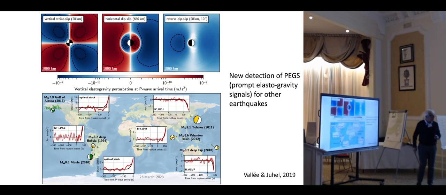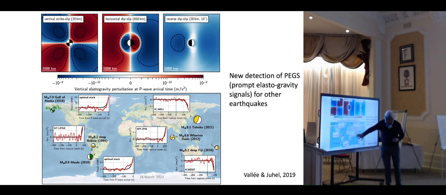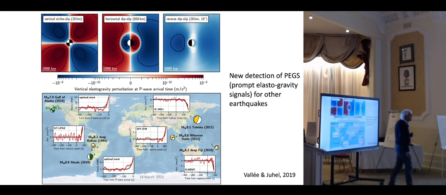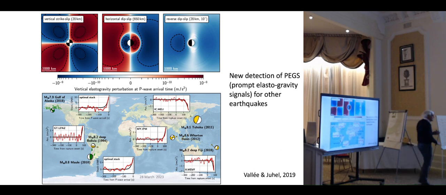There are many other observations at that time, and maybe some more since 3 years ago. But you see that it was observed for different tectonic environments. For example, we were surprised to see that for the Wharton Basin earthquake in the Indian Ocean, which is a strike slip, the signal is quite strong.